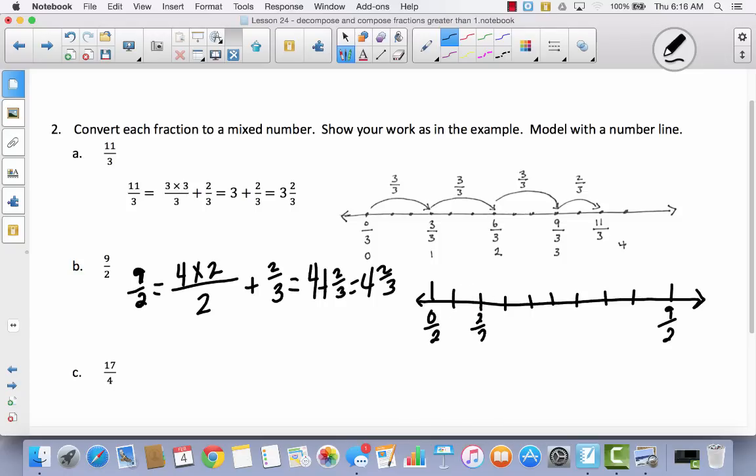So like this would be 2 halves, this would be a whole, and then I'm going to label 4 halves because that would make another whole because it takes 2 halves to make a whole. I'm going to label 6 halves and 8 halves, and then I have 1 half. So I've got 2 halves, 2 halves, 2 halves, 2 halves, and then 1 half.